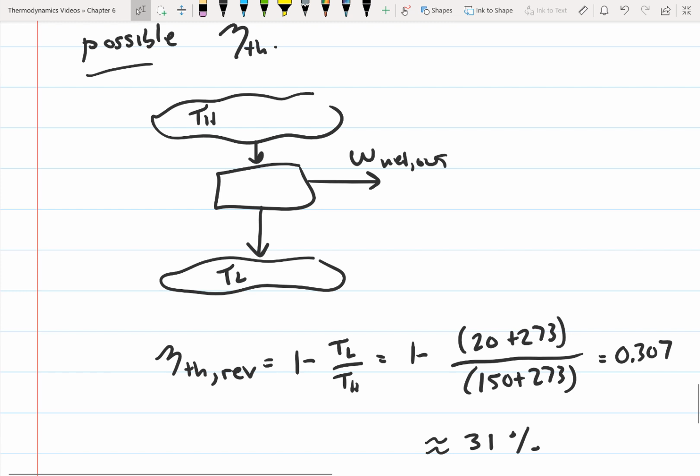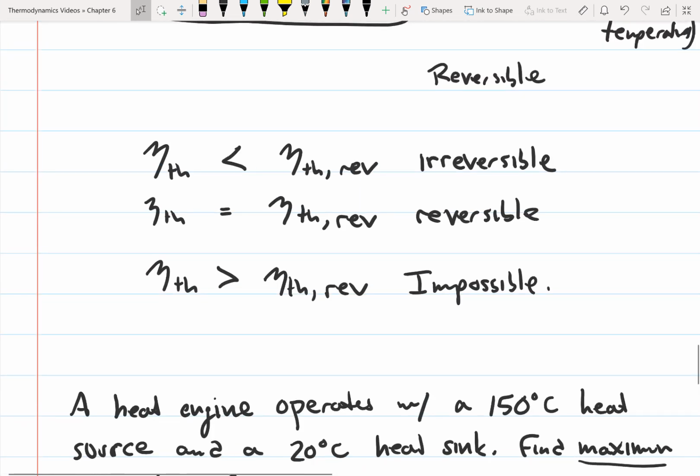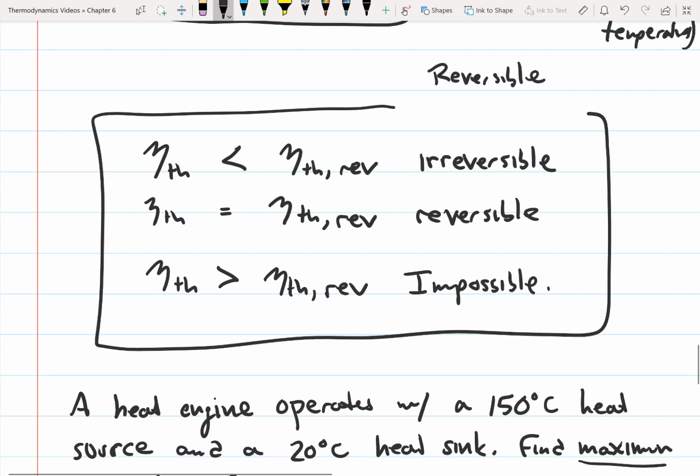And then you're going to be calculating your efficiency and comparing them to see where your thermal efficiency is. So you can determine if it's irreversible, reversible, or impossible. So in the next video, I'm going to be doing some example problems showing how this would work.